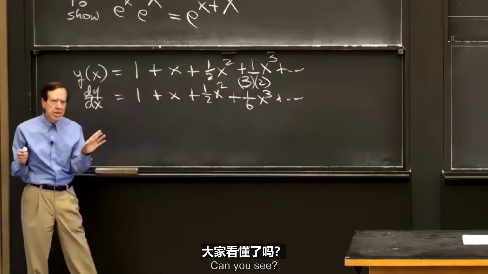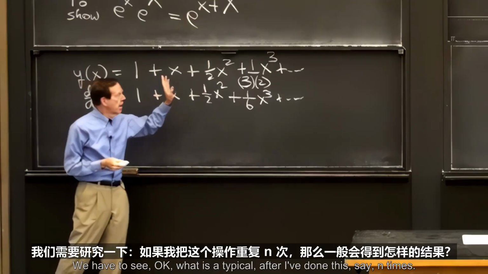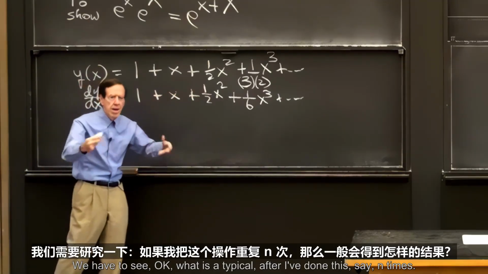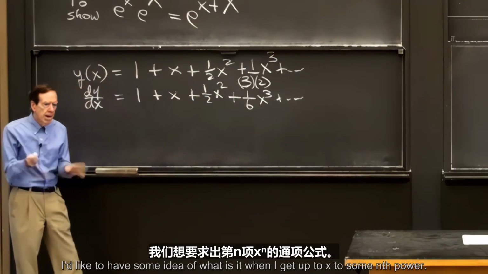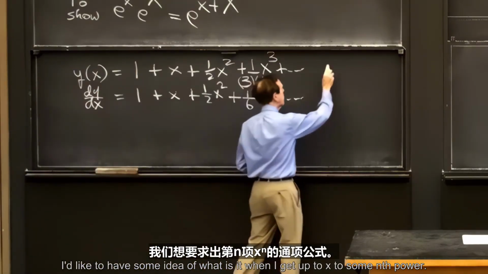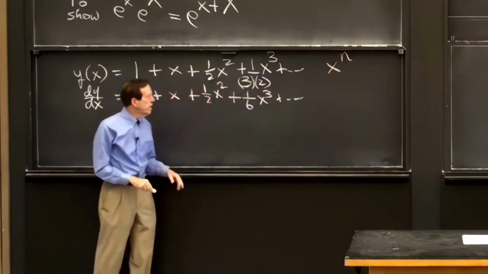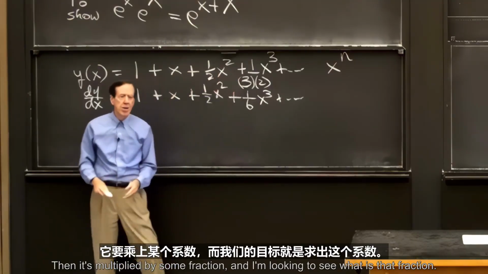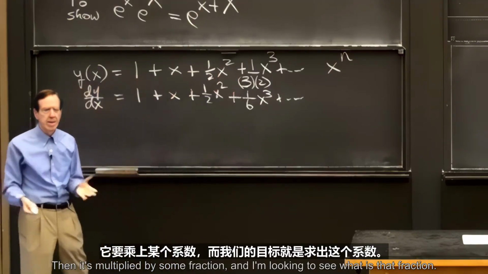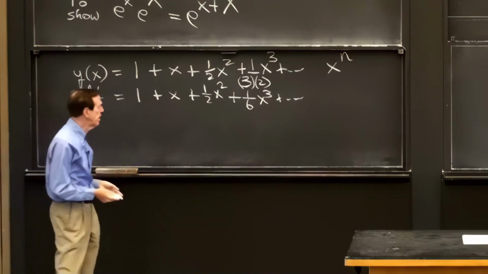Can you see, okay, what is a typical term after I've done this, say, n times? I'd like to have some idea of what it is when I get up to x to some nth power. Then it's multiplied by some fraction, and I'm looking to see what is that fraction.